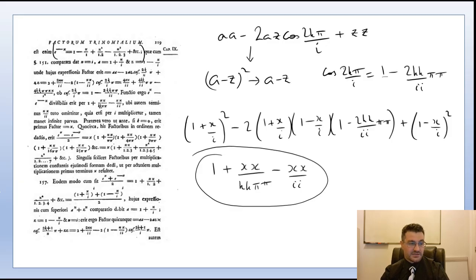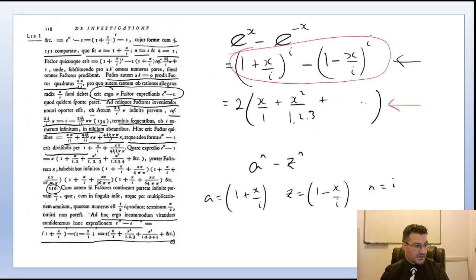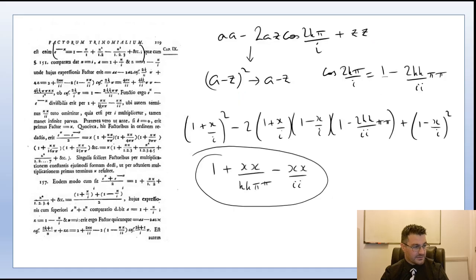But a minus z is going to be equal to, what did we take a and z to be? A minus z is going to be 2x over I, but we rescale that and just make x the factor, if need be.